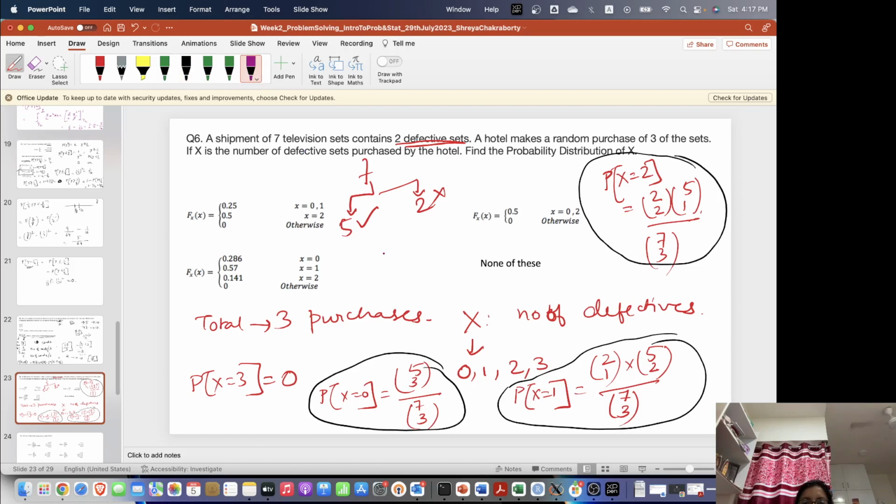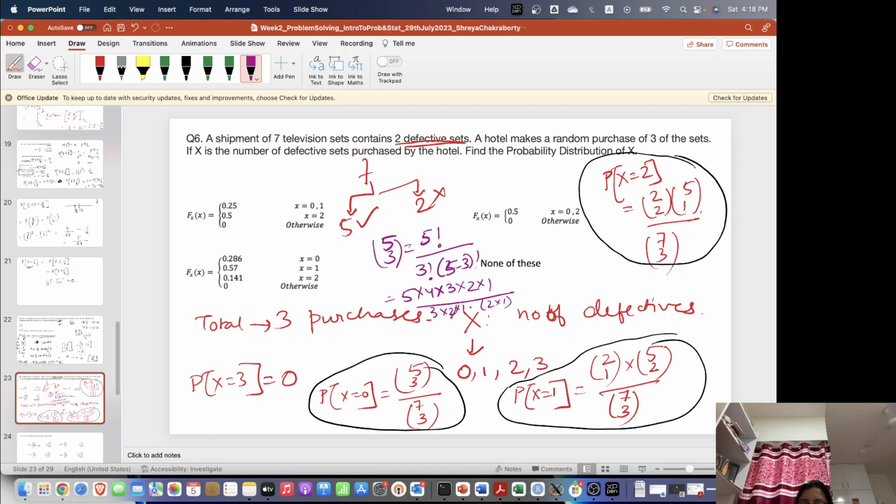Now, if you don't know the meaning of this, 5C3 means 5 factorial by 3 factorial into 5 minus 3 factorial. Okay. And 5 factorial means 5 into 4 into 3 into 2 into 1. 3 factorial means 3 into 2 into 1. 5 minus 3, 2 factorial means 2 into 1.